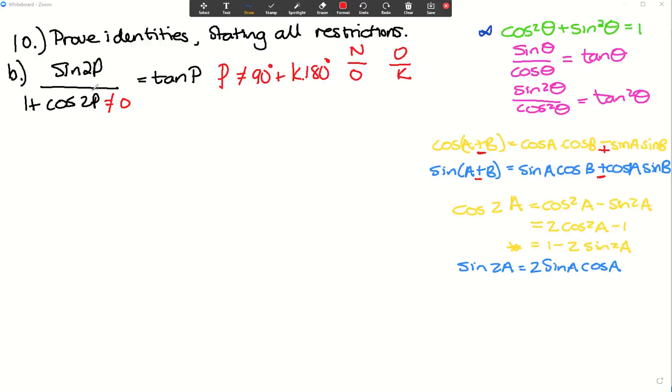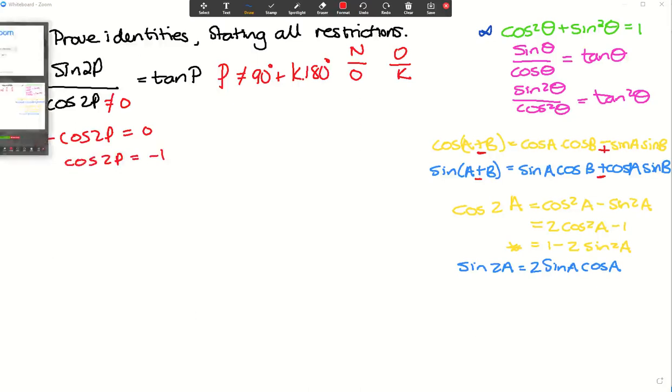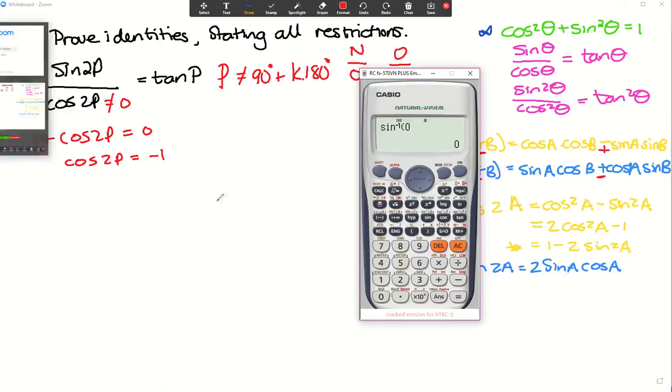So let's go see how else we can simplify this to a point where we can actually solve for this item. We can do our restrictions first before solving. So if we look at this, we end up having 1 plus cos 2p is equal to 0. We can take the 1 across, which is cos 2p is equal to negative 1. And no matter what the angle is, if you put in arc cos negative 1, you will always get 180 degrees.